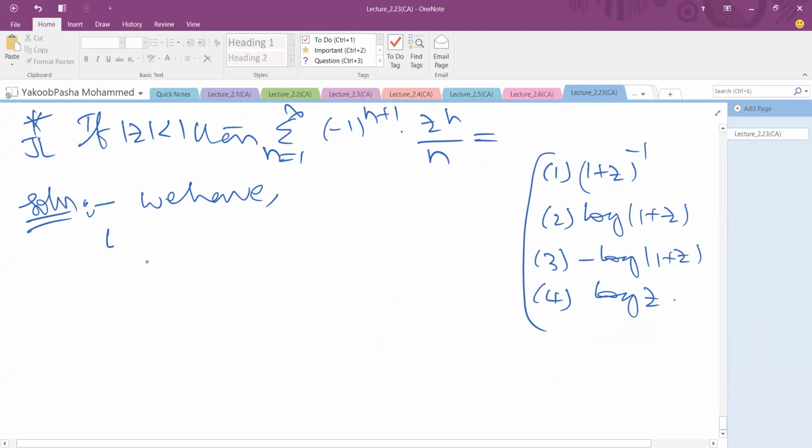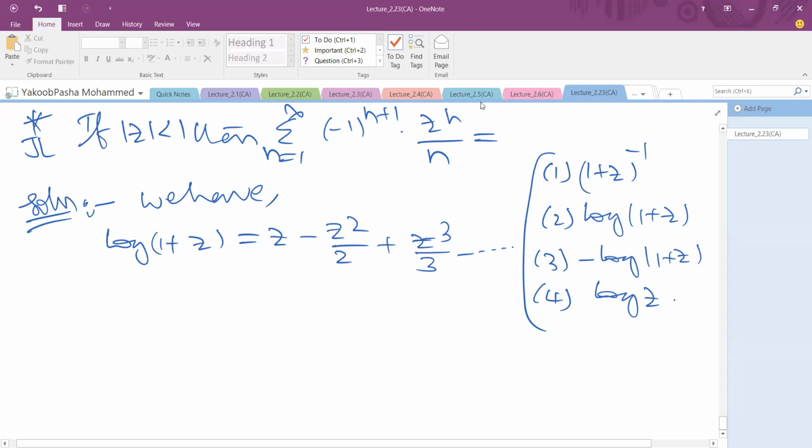Log 1 plus z is equal to z minus z square by 2 plus z cube by 3 minus and so on. This is the expansion of log 1 plus z.